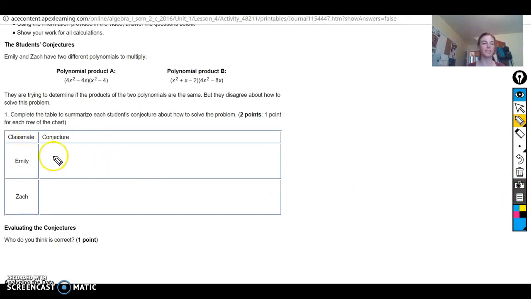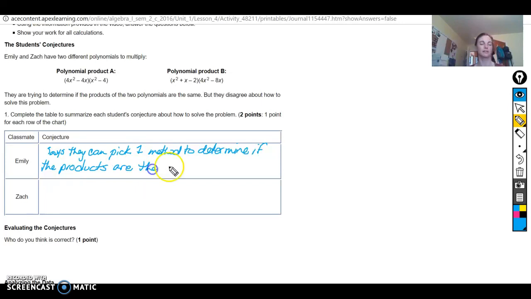Let's see. Emily says that they can pick one method to determine if the products are the same.